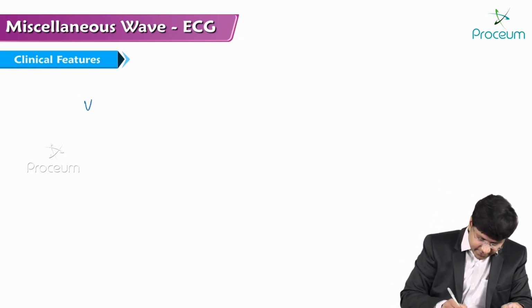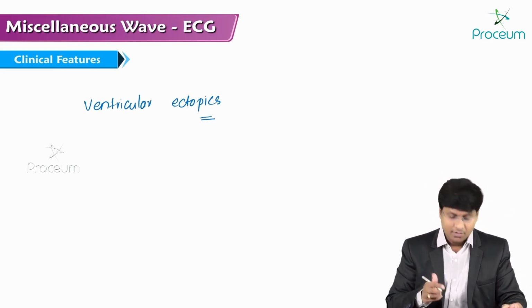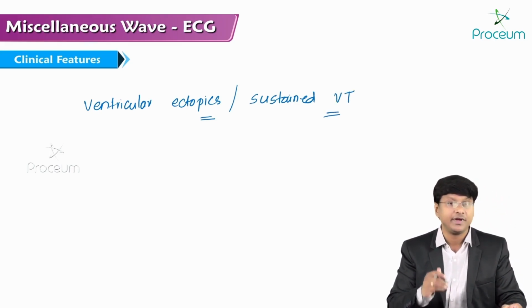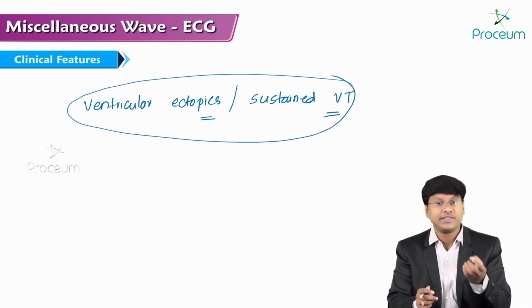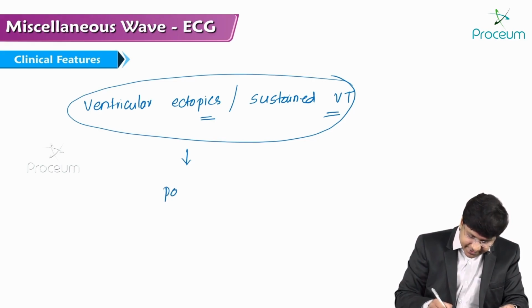So, there can be ventricular ectopics, or there can be sustained ventricular tachycardia. Now, whenever this abnormal fat within the myocardium generates ventricular ectopic beats, these patients present with palpitations.